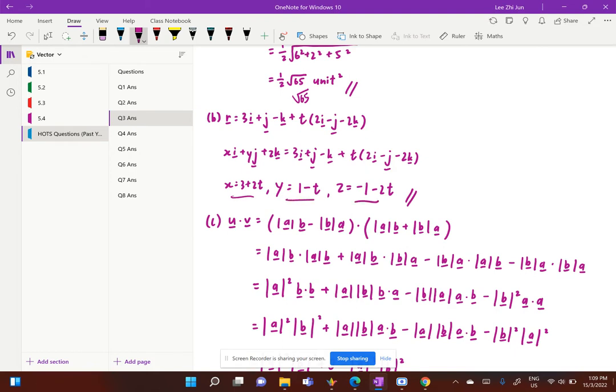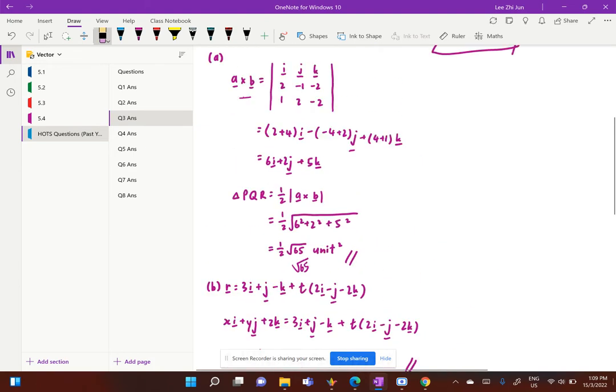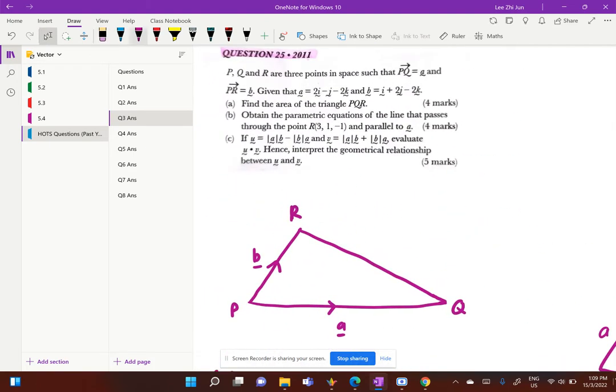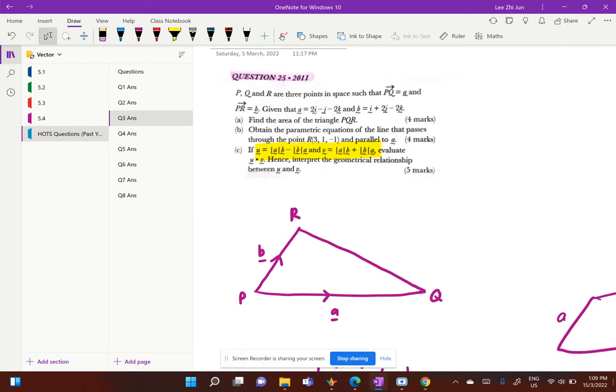It's simple. Okay, for this question, the trickier part is the C. Because maybe some of you will be confused, oh, so many letters, I become blurred. So if U equals to this, evaluate U dot V. Then interpret the geometrical relationship between U and V.